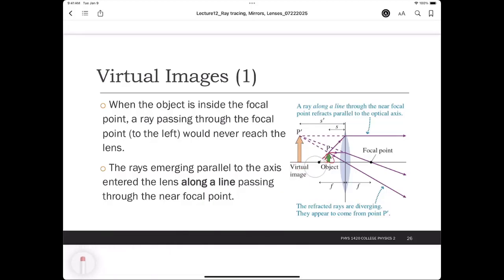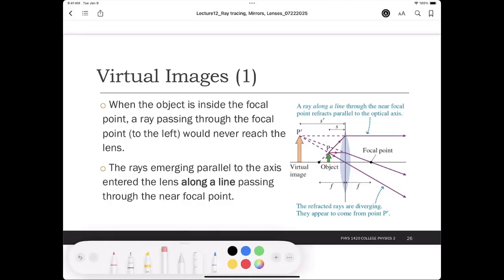So the rays emerging parallel to the axis enter the lens along a line passing through the near focal point.